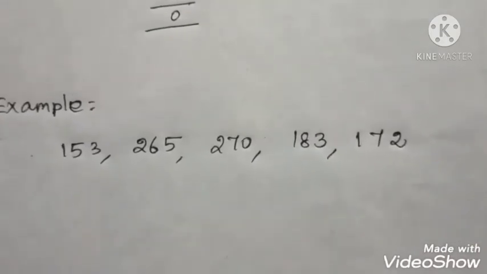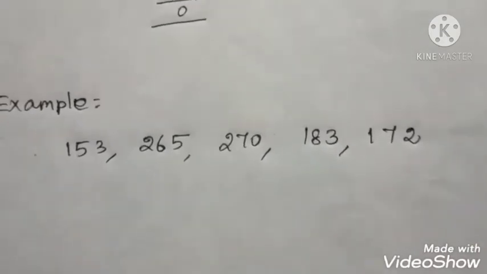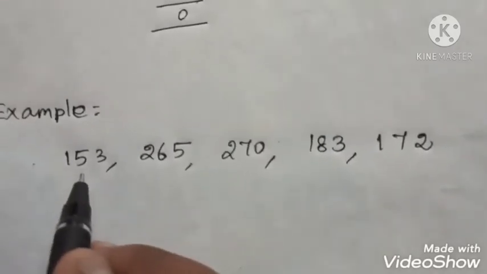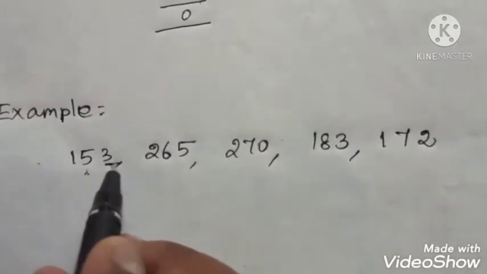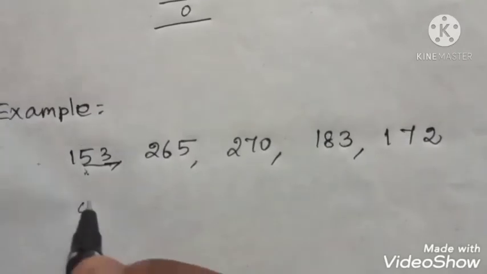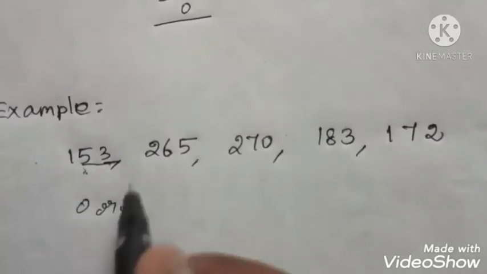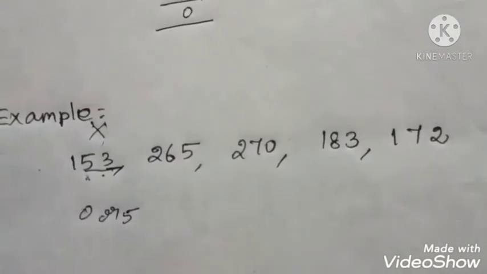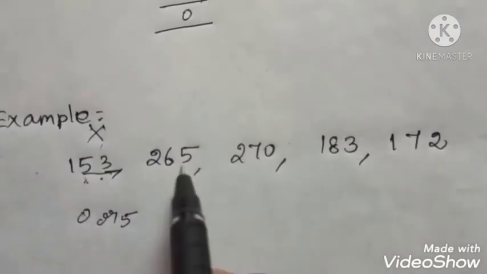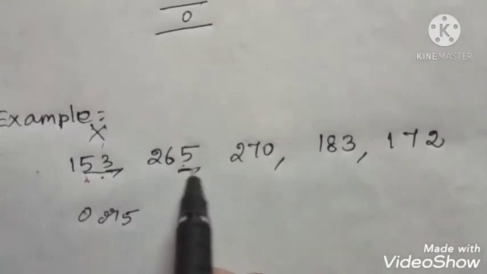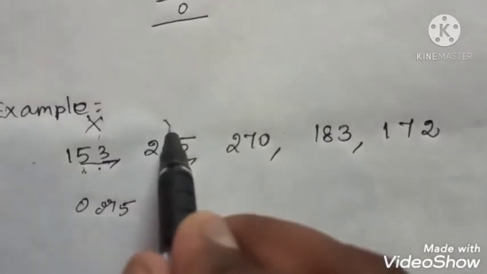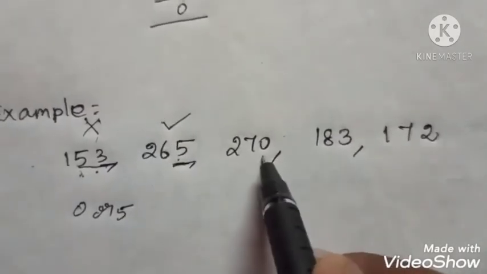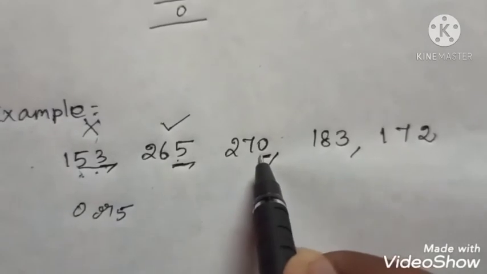Here, which numbers are divisible by 5? The first number, the unit digit of this number is 3. So what is the condition? It may be 0 or 5. That is the condition. So here 3, this one is not divisible by 5. And then here the number's unit digit is 5, so this is divisible by 5. Here a number ends with 0, the unit digit is 0.